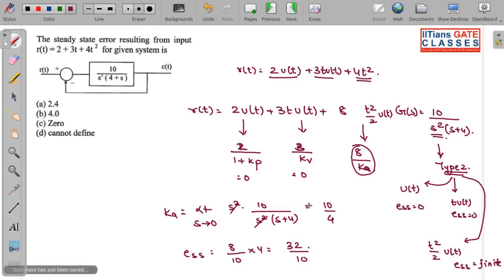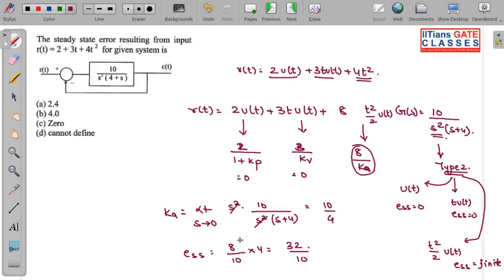Why am I getting 3.2 over here? So this is 4 t square by 2, so 8. Okay. The option is not matching over here. So this is 8 t square by 2 u(t), 8 by Ka, fine. This will be 10 by 4, this is also okay.